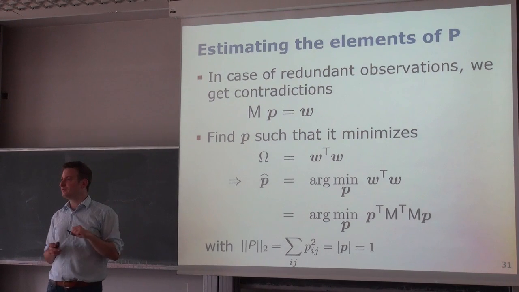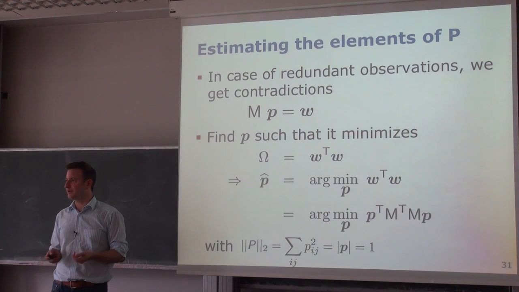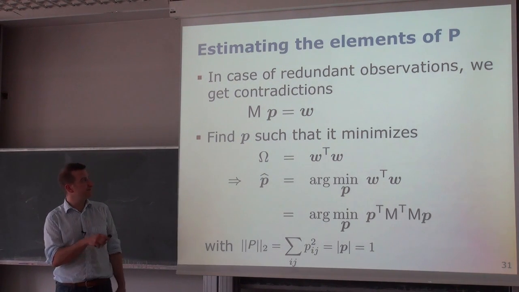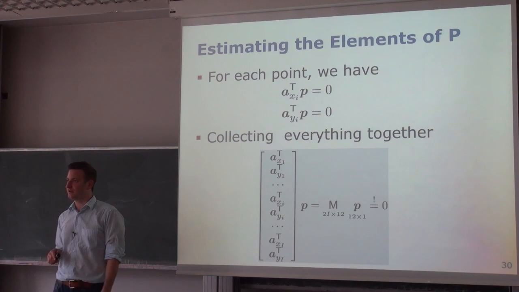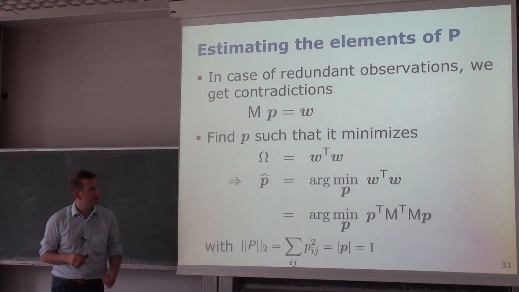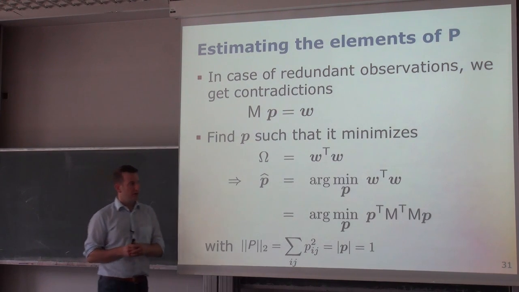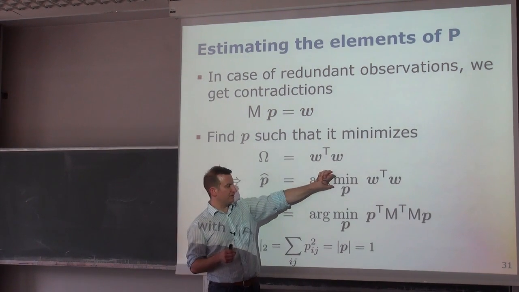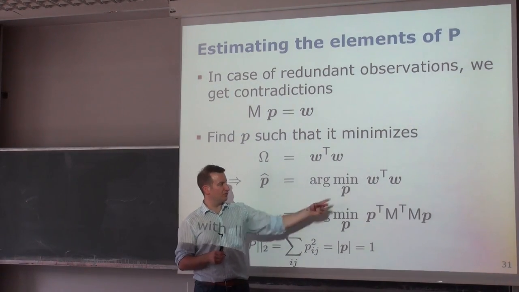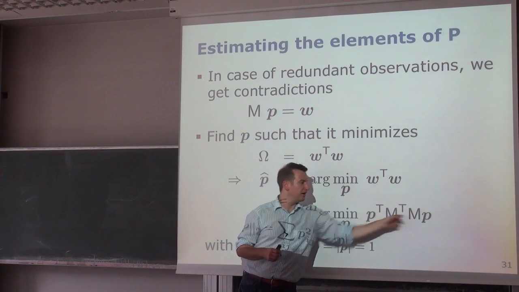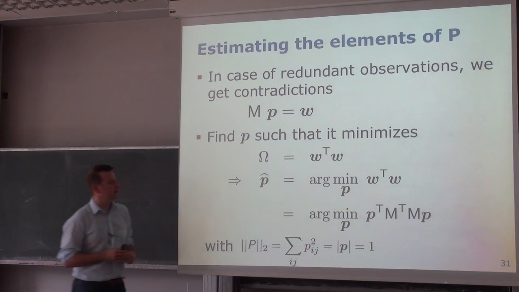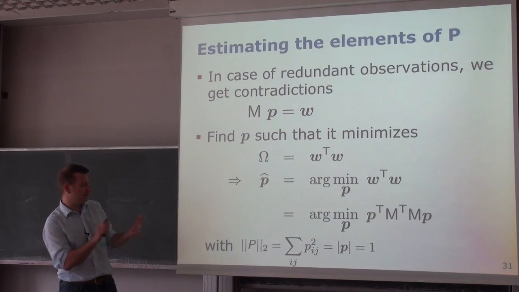Find the projection matrix that minimizes the squared error that results from those constraints over here. And minimizing this means minimizing this, just replacing the definition in here, and then we have, yeah, that's true, that's correct.